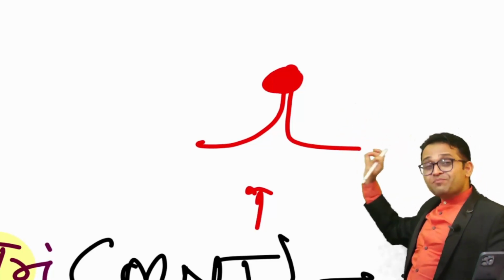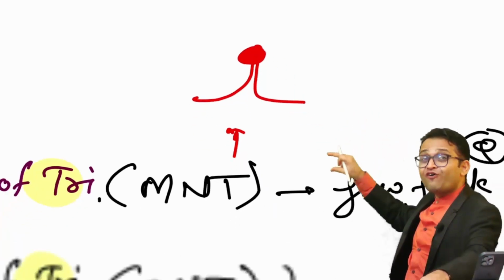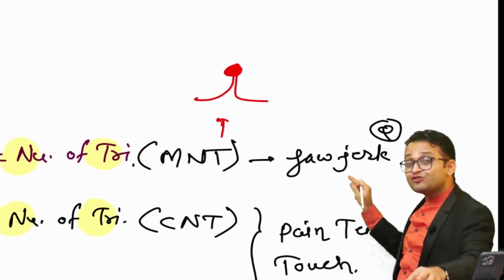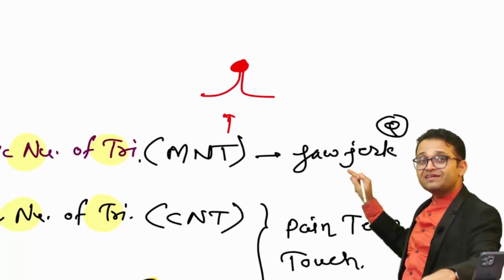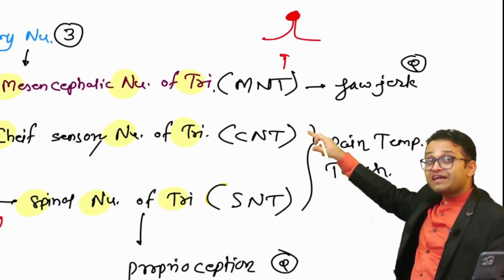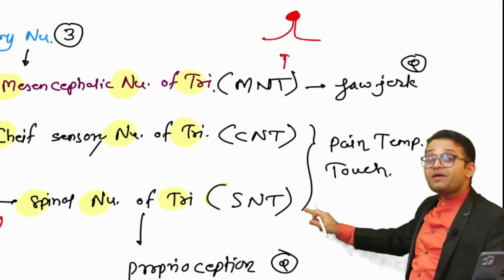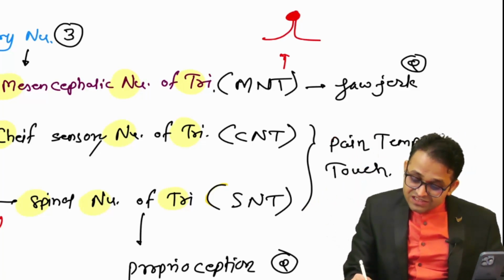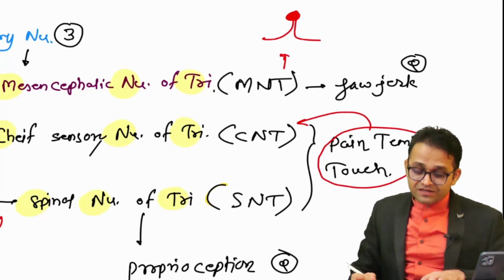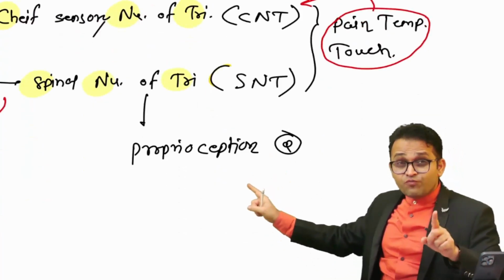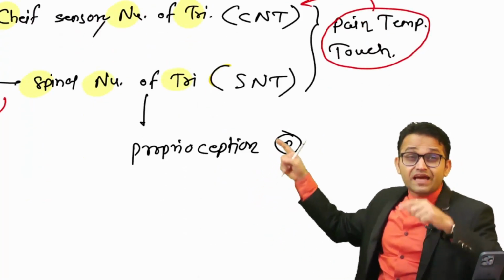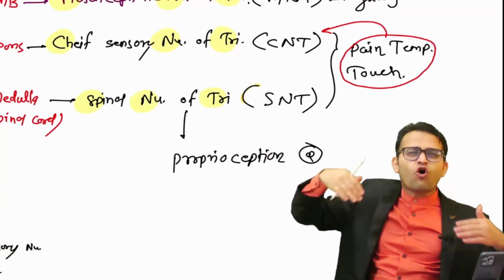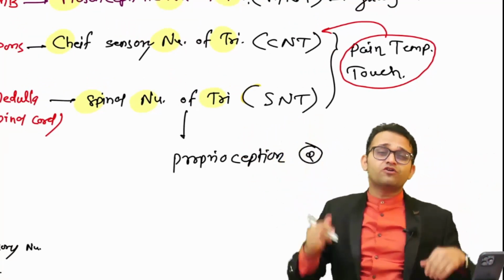The classical example of the pseudo unipolar neuron in our body is the mesencephalic nucleus of the trigeminal, which is the center for the jaw jerk, in physiology and medicine. While pain, temperature, touch are carried by our Cantu and Santu. If you have to opt for one answer, the best is the chief nucleus, but reflex, sense of position, proprioception is carried by the spinal nucleus of the trigeminal nerve. Hope you are getting all these very high quality MCQs.